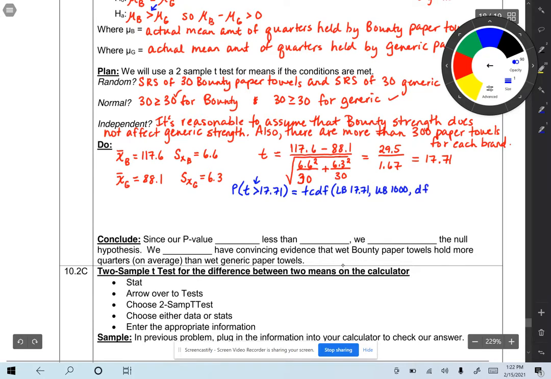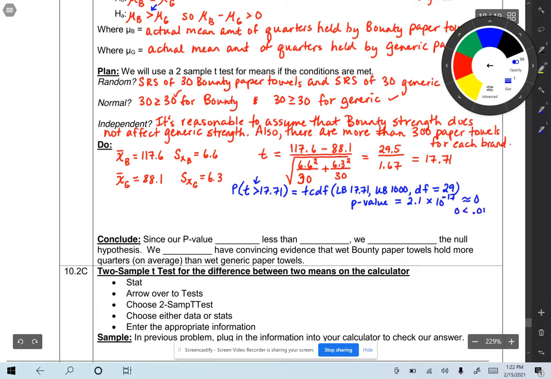Our degrees of freedom, well, both sample sizes are 30, and if they weren't, you take the smallest sample size and subtract 1. So in this case, our degrees of freedom will be 29. And that'll give us a p-value of 2.1 times 10 to the negative 17th. And that basically has 16 zeros in front of the 2, so it's essentially 0.